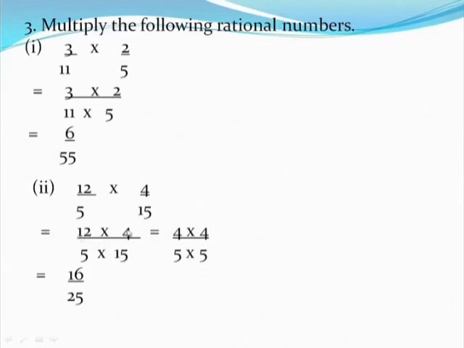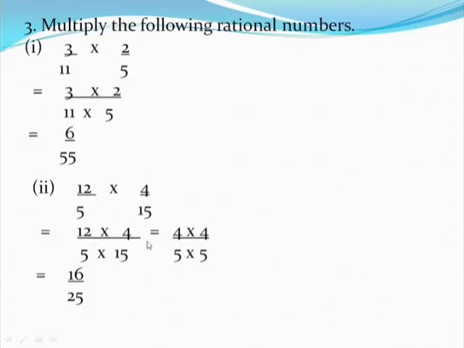Because 12 and 4 both are in the numerator, whereas 5 and 15 both are in the denominator. So you cannot cancel 15 by 5. But here if you look at 12 and 15, both can be cancelled using the table of 3.